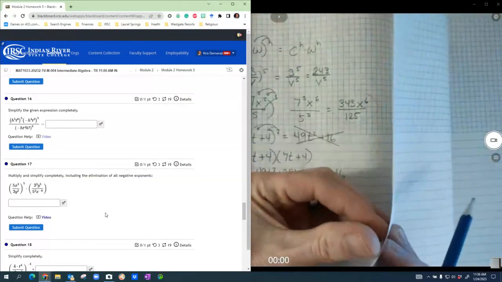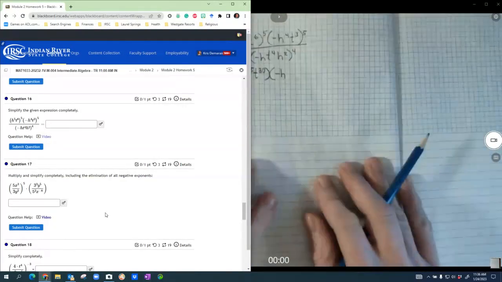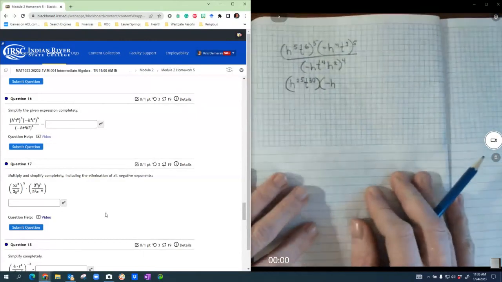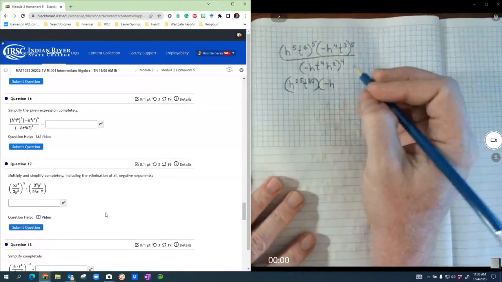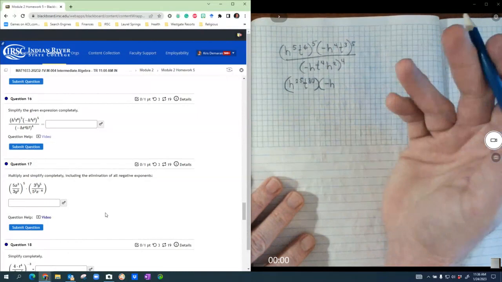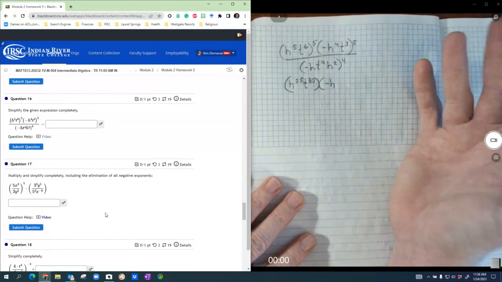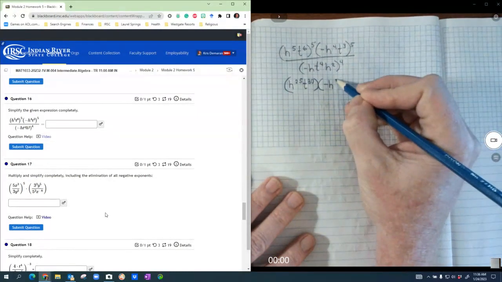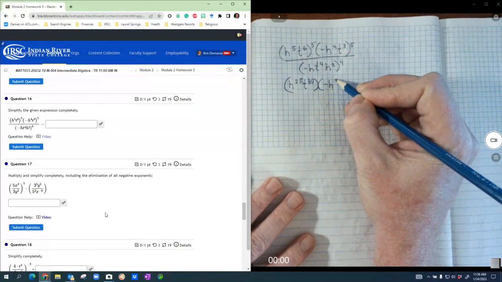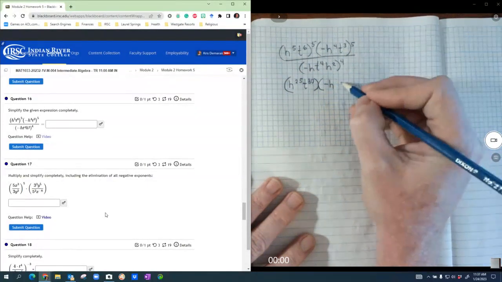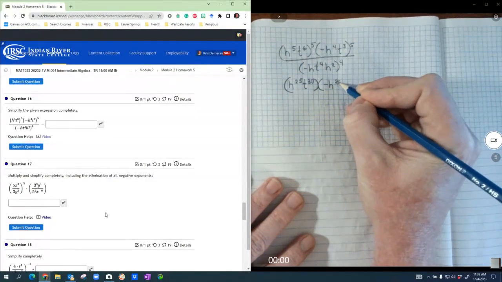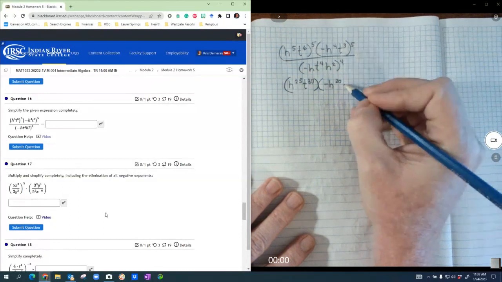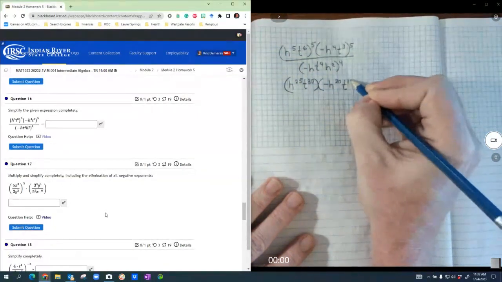Anytime it's even, it's going to be positive. So when we come back to this problem now, we know that this is going to be a negative 1 times negative 1 times negative 1, which is negative 1 after you do it 5 times. So now it's going to be 5 times 4 is 20. And then 5 times 3 is 15.